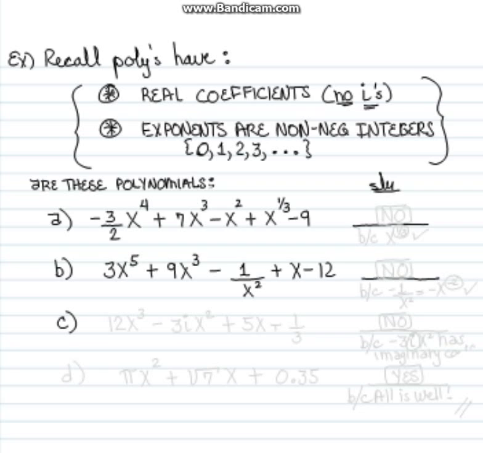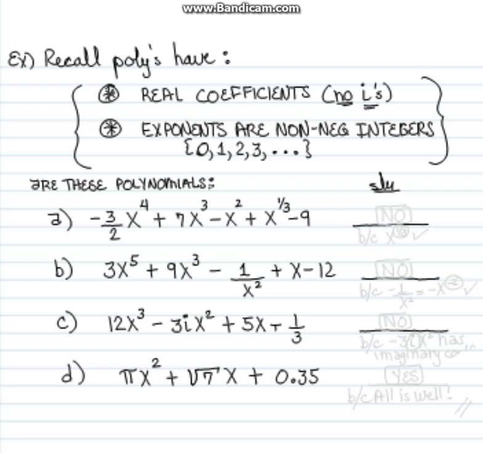Part C, 12x to the third minus 3 times i times x squared plus 5x plus 1/3. And the last one, part D, pi times x squared plus the square root of 7 times x plus 0.35.